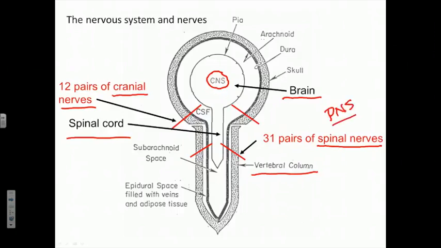So the PNS, by definition, contains 12 pairs of cranial nerves, largely named because they exit through a hole in the skull and innervate muscles, skin, glands, and so on and so forth that lie in the area of head or neck. And 31 pairs of spinal nerves whose job it will be to innervate muscles, skin, and so on that make up the trunk, and, particularly relevant to our conversation, providing a mechanism to innervate a limb, such as the upper limb.